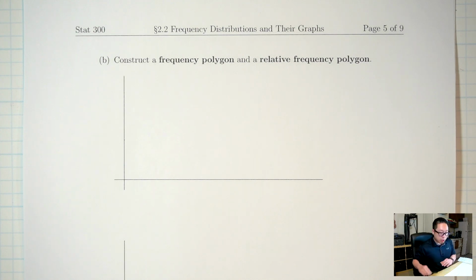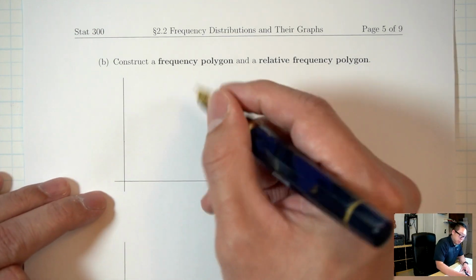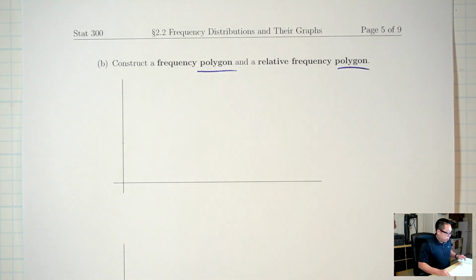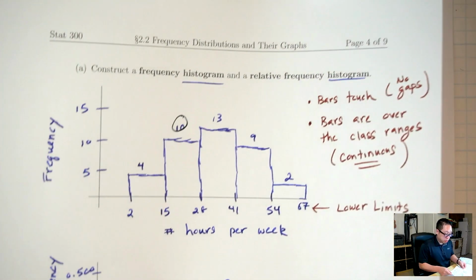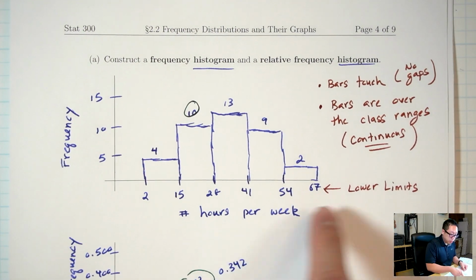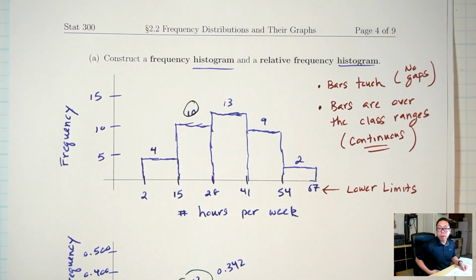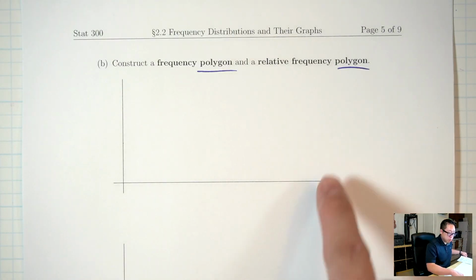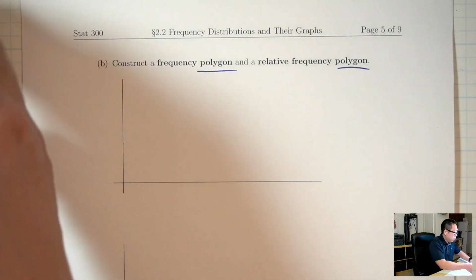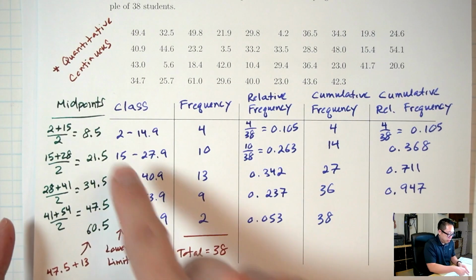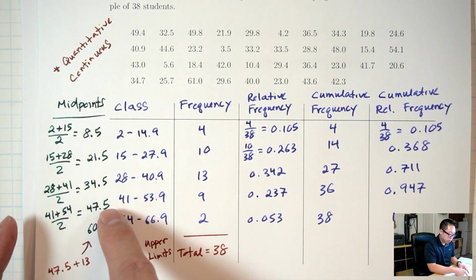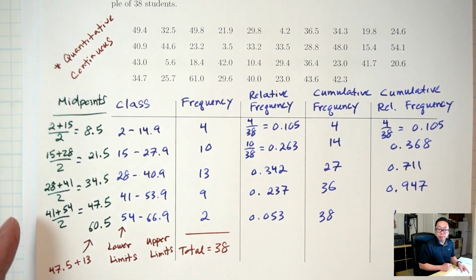The next type of graph is a polygon. So for a histogram, which is what we just drew, we put the lower limits on the x-axis. For a polygon, we're going to put the midpoints, okay, which are these numbers here. So 8.5, 21.5, 34.5, 47.5, and 60.5.